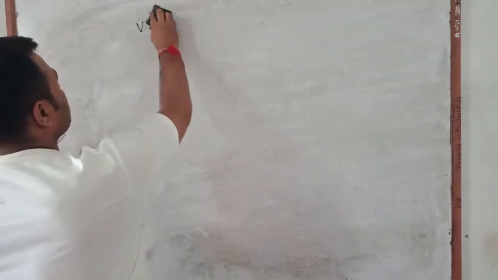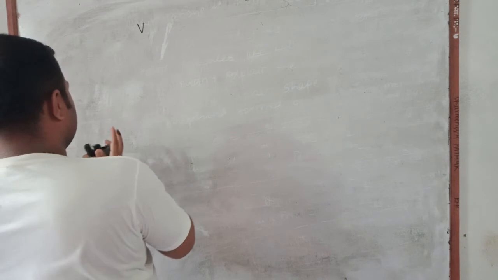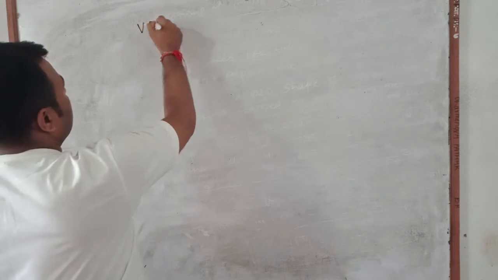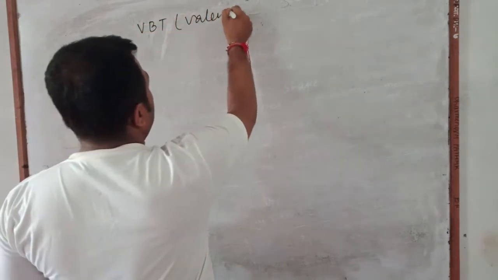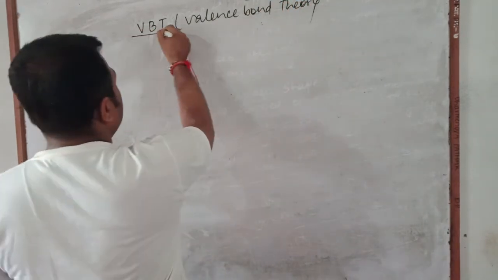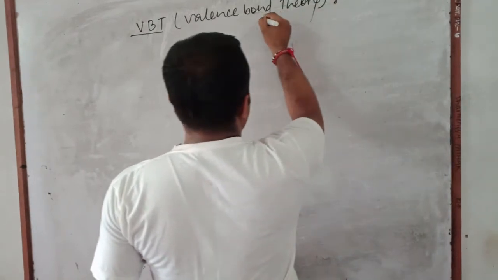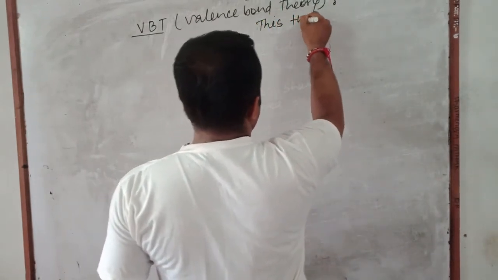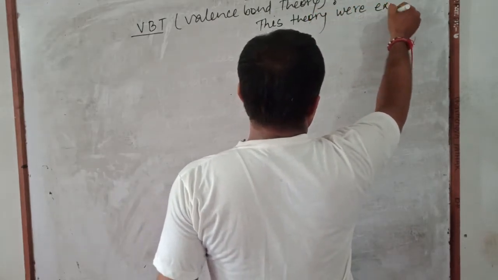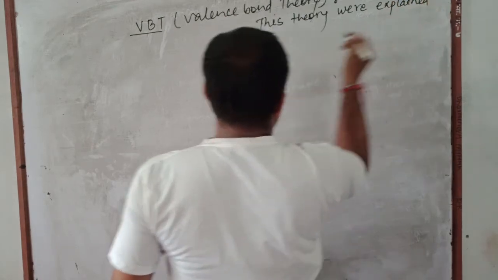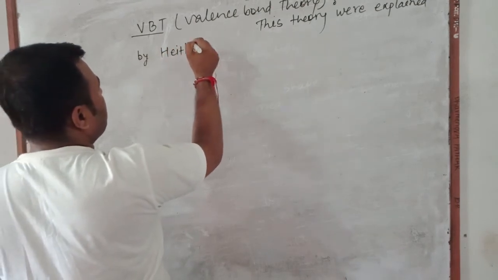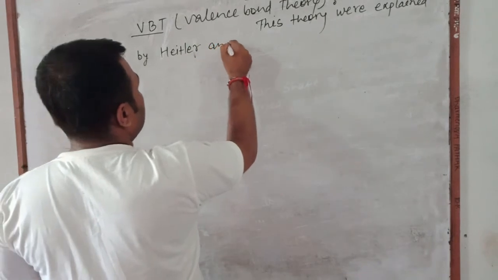Valence bond theory was explained by Heitler and London.